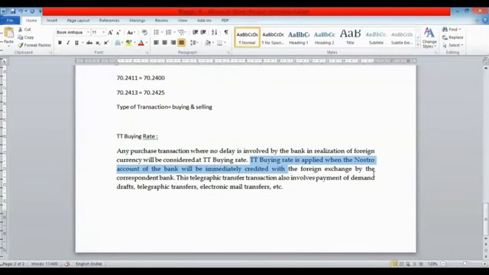Then we say the Nostro account has been credited. Immediately is the important word here. That means there is no delay. Bank is able to get realization of foreign currency.